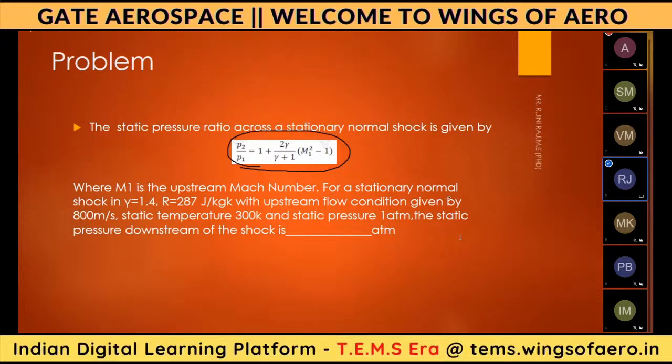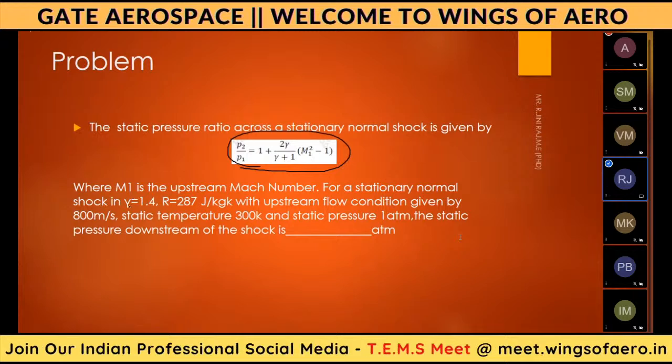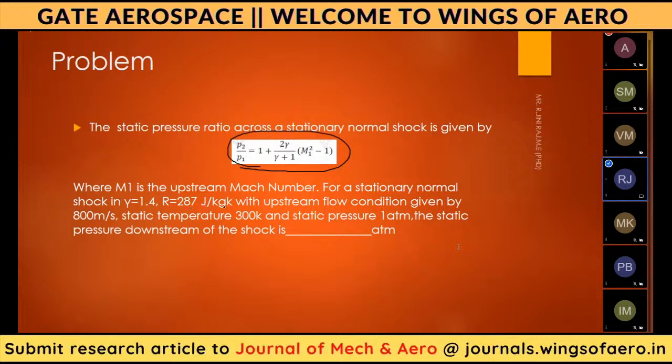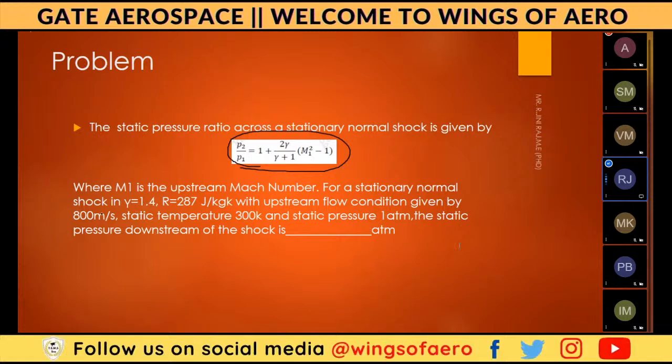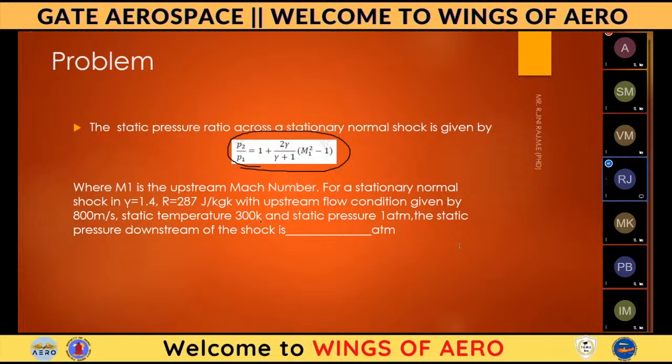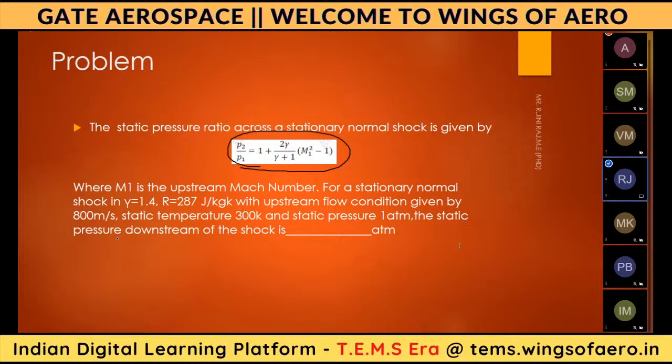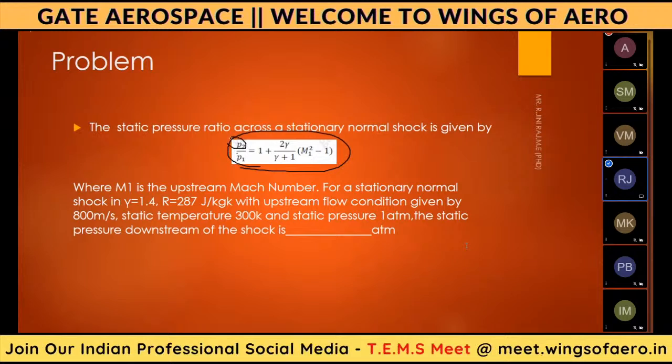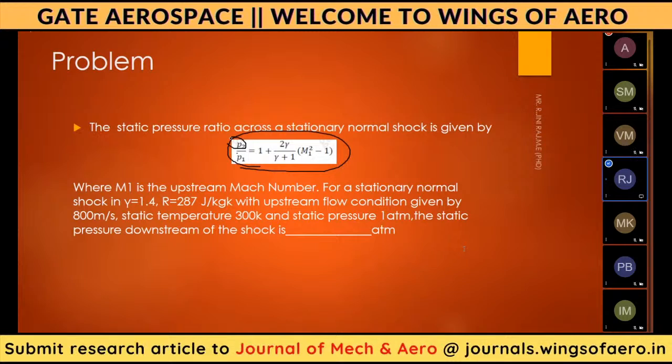Now for a stationary normal shock with gamma equal to 1.4 and R equal to 287 joule per kilogram Kelvin, the upstream flow conditions are 800 meters per second, static temperature 300 Kelvin, and static pressure 1 atmosphere. We need to find the static pressure downstream of the shock. Please solve this problem. It's very easy.